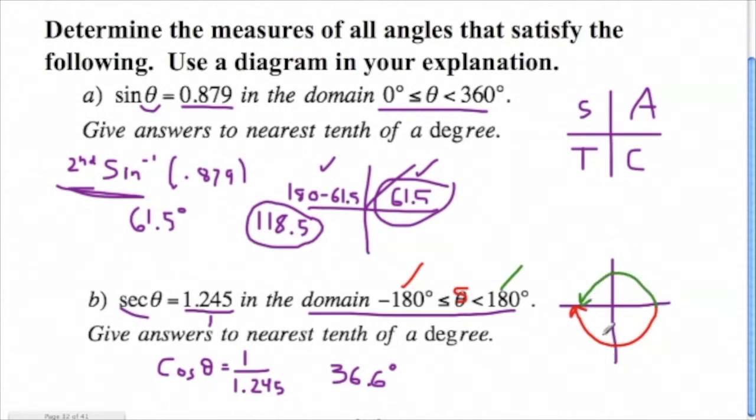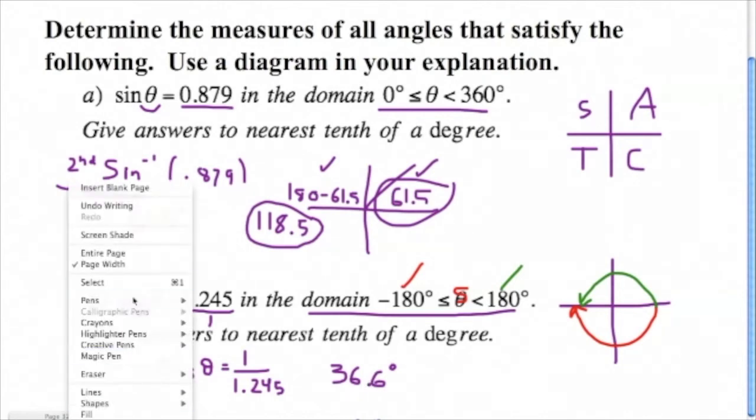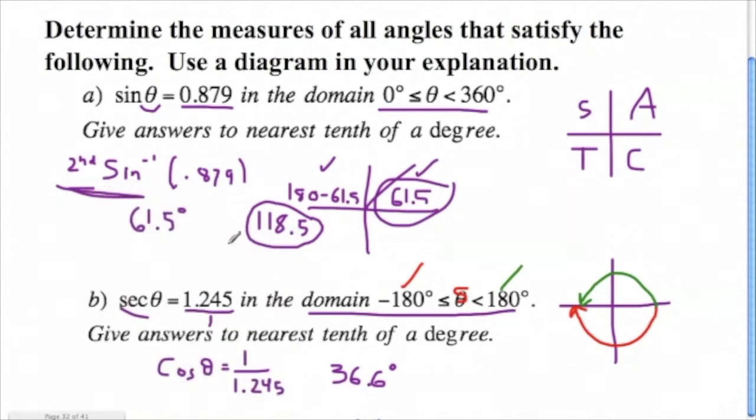So basically I have to draw this 36 where, let's get a different color now. Let's go to black. This question says, well, we have a cos and it's positive. So cos positive is this quadrant and this quadrant.